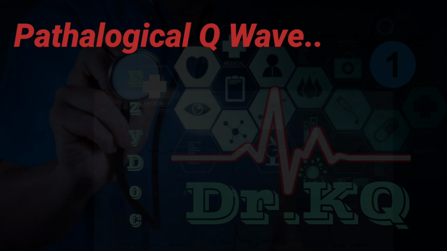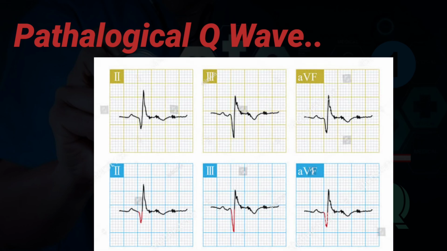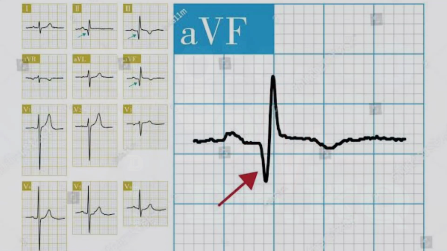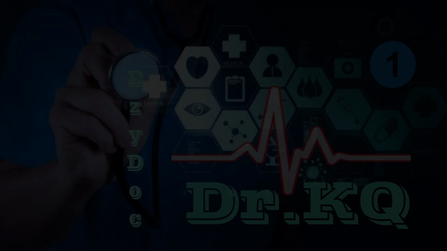Second, the ST segment will be at the baseline, and the T wave will be normal, or it can also be inverted. This is the ECG of a patient with a history of old MI. Now look at this ECG of a patient having the history of old MI. All the changes I have discussed earlier are seen in this old MI ECG.